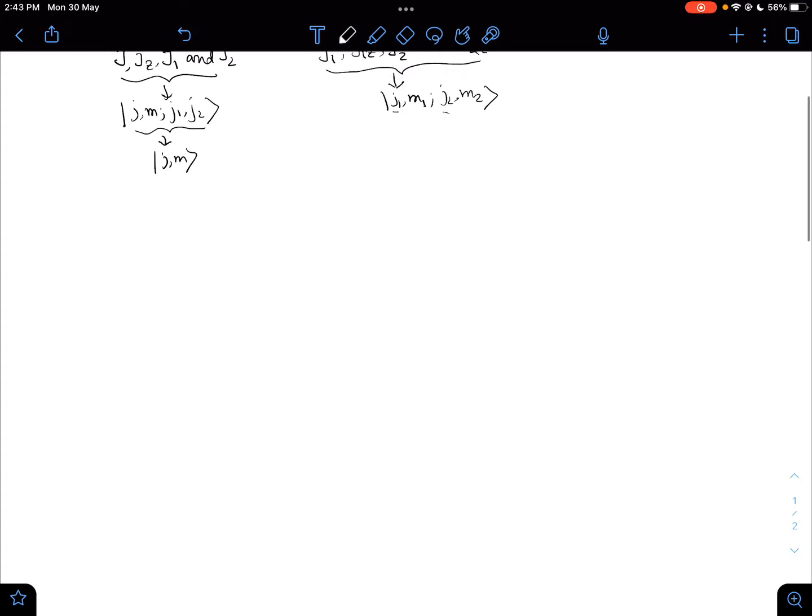We also stated that these two states are related by Clebsch-Gordan coefficients.